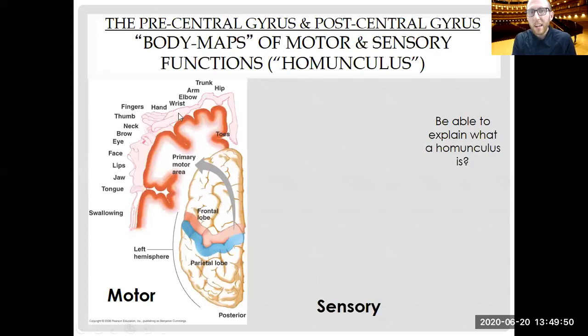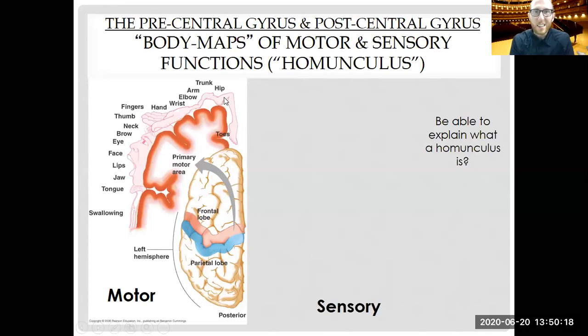And the more area that a part of the body gets, typically the more function that part of the body has. For example, the hand and the fingers, they have a lot of functions, right? They can do a lot of fine movements, and that speaks to the fact that they have more area on the brain itself for motor movement, as well as the face.